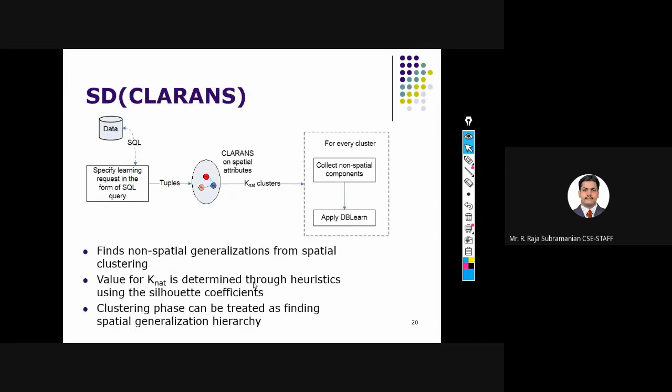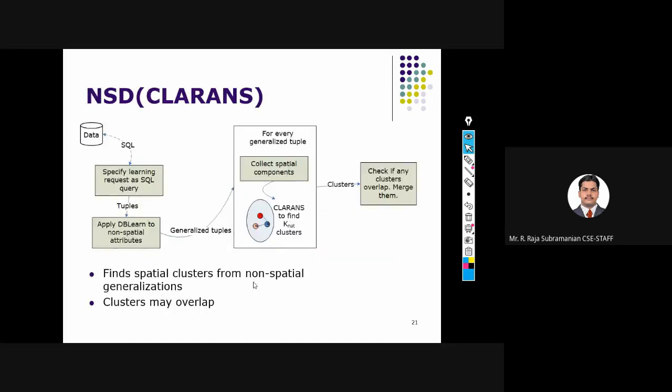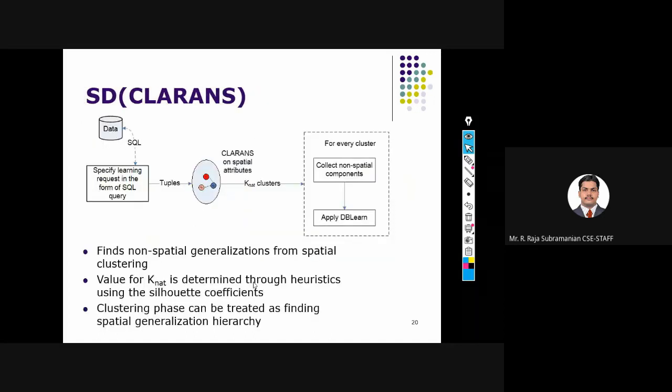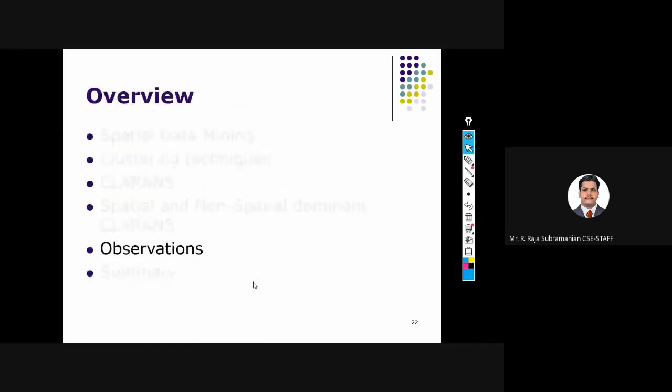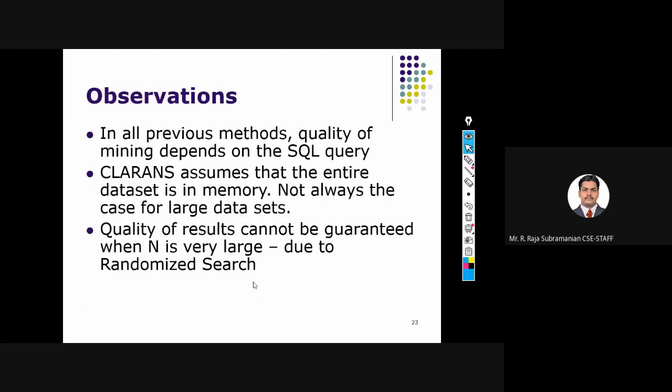If you take any data set, or if you want to use CLARANS, CLARA, whatever, the ultimate thing is what SQL query or MongoDB query you use. That is what matters a lot. If you take SD CLARANS or NSD CLARANS, what matters is the SQL query you write. If your SQL query is touching the nodes from the back end, then surely CLARANS and the rest will not work.